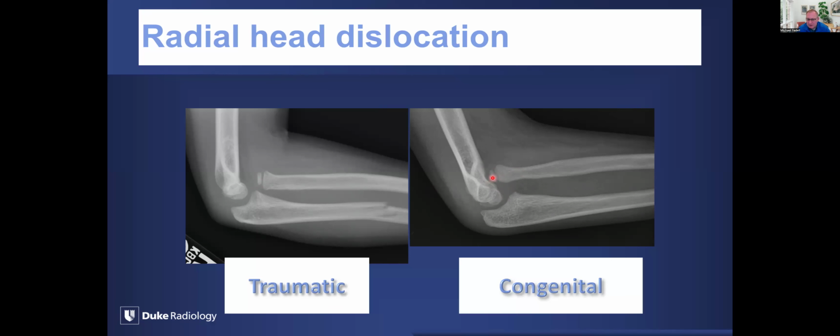So this is kind of a neo-articulation here, and then we get underdevelopment here. So both congenital and traumatic options are options for when we see the radial head dislocation. I will say that the vast majority of the time we're seeing this post-traumatic. And again, we always want to look at the elbow when we see the radial or proximal ulnar fracture.